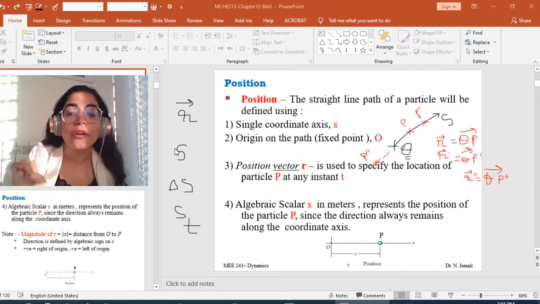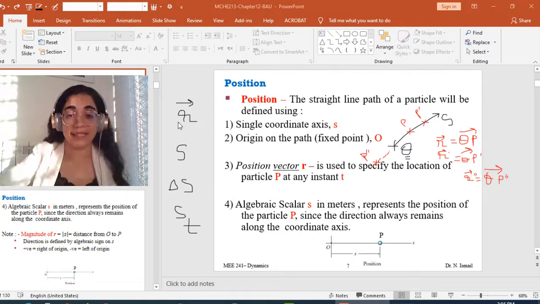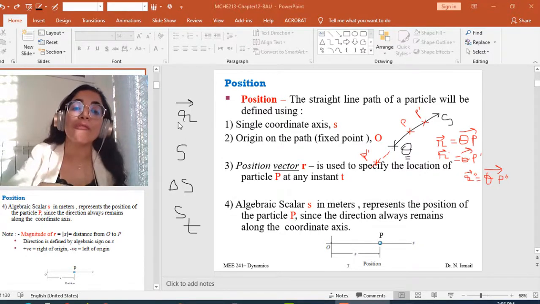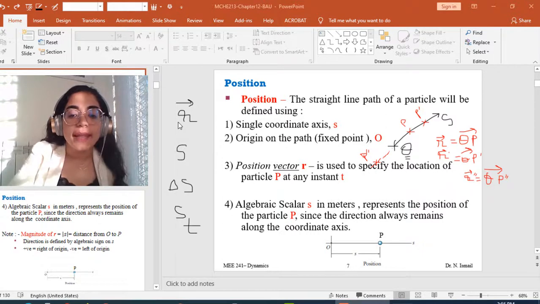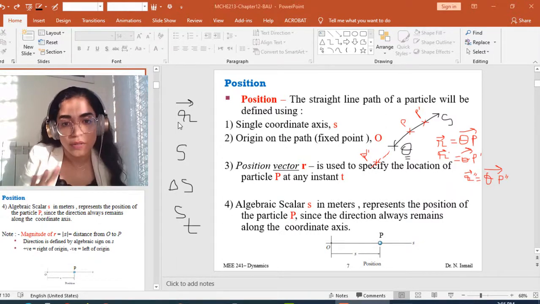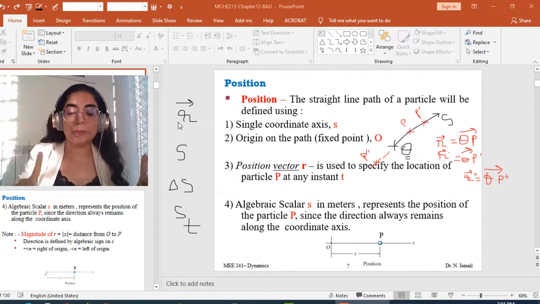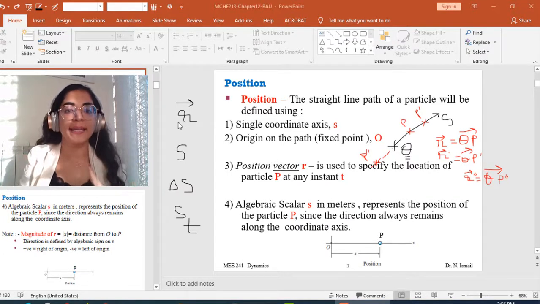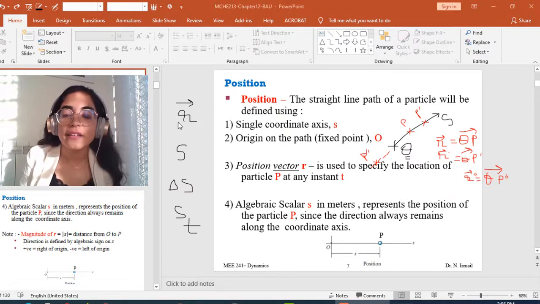S is never the magnitude of r, because if S is the magnitude of the vector position, then S is always positive, and this is not the case of S. S could be positive and could be negative. S is the algebraic scalar. It is an algebraic value. It is a scalar. It could be positive or negative. All right?